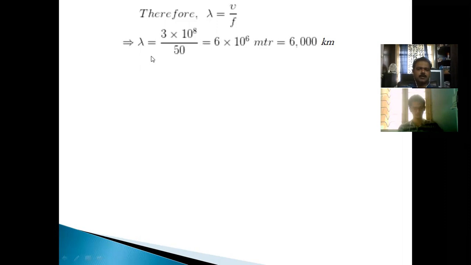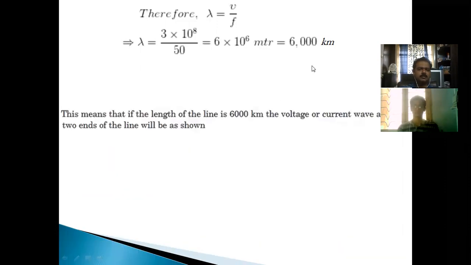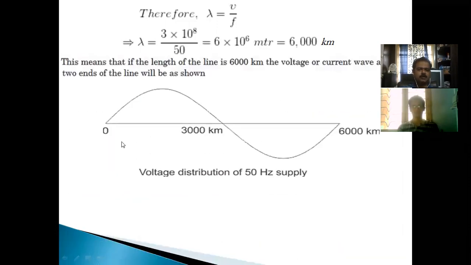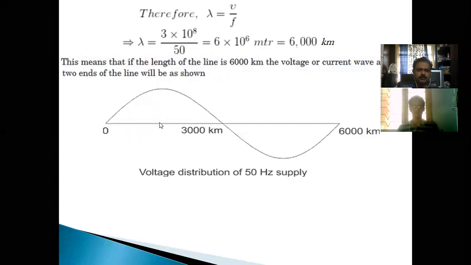So the wavelength comes around 6,000 kilometers. It means that after 6,000 kilometers, you will get the same instantaneous quantity, either for voltage or current waveform.